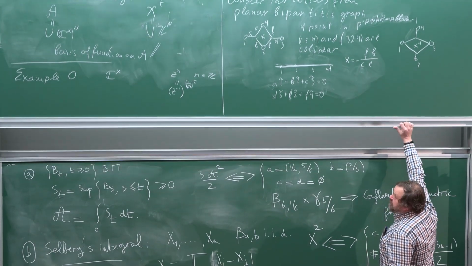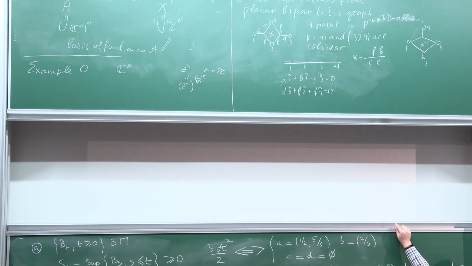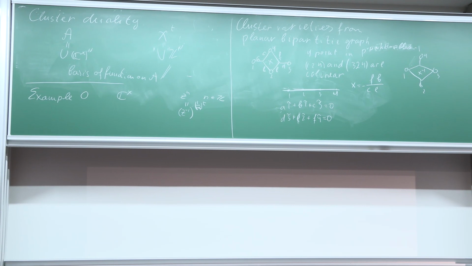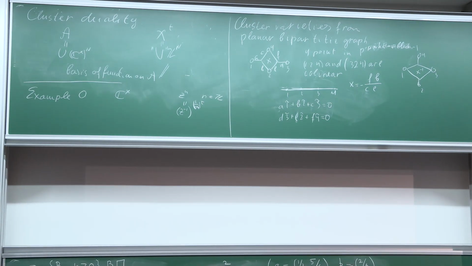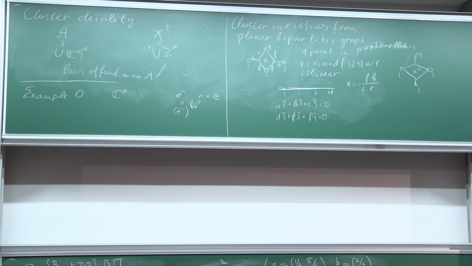Here I just claim that every bipartite graph, more or less, because you should impose some minimality condition, which I also skip, can be transformed to something which gives you a configuration space, and the configuration space is easy to parameterize. It's a cluster variety.